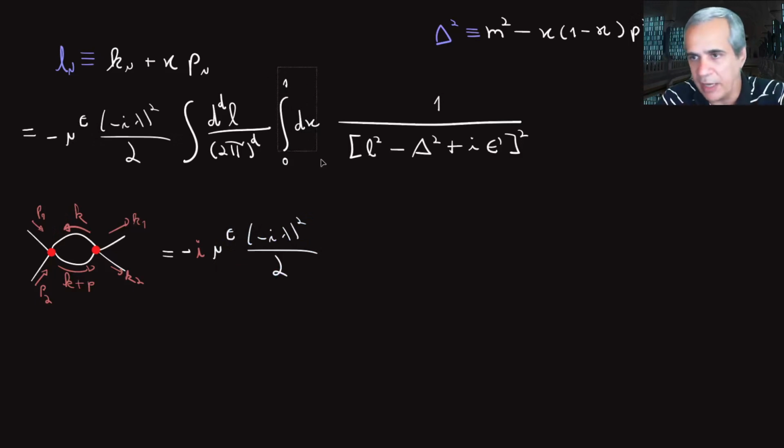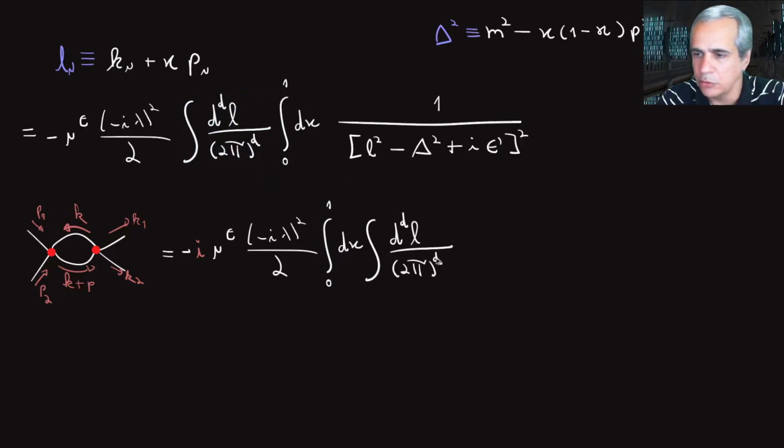The integral in x I'll bring to the front. So this became L Euclidean, and that's the i that came to the front there.